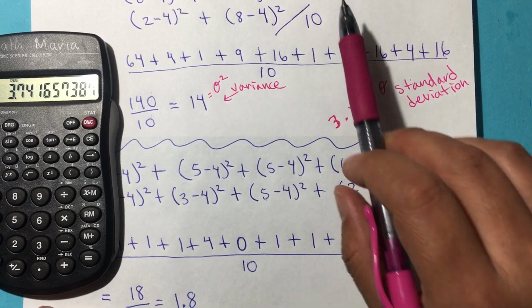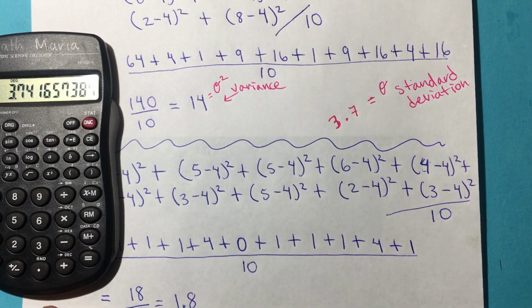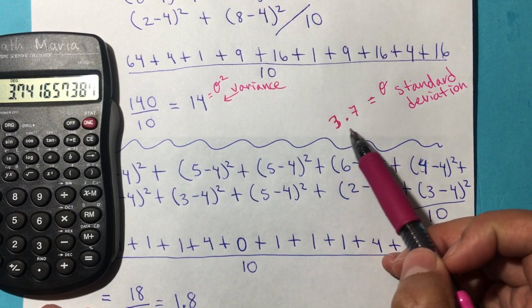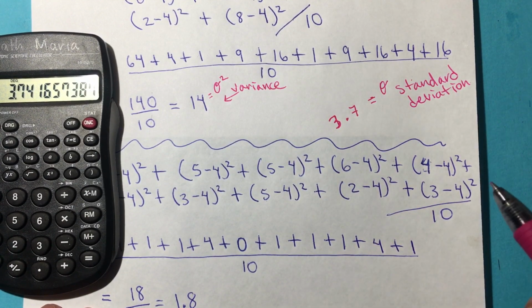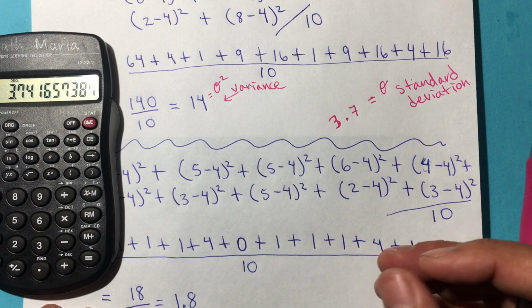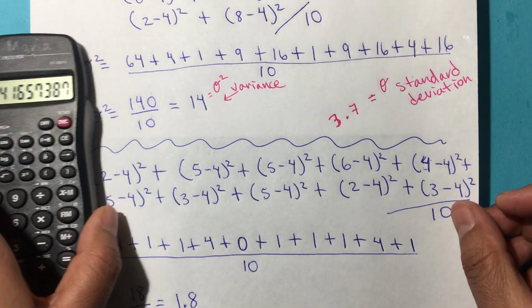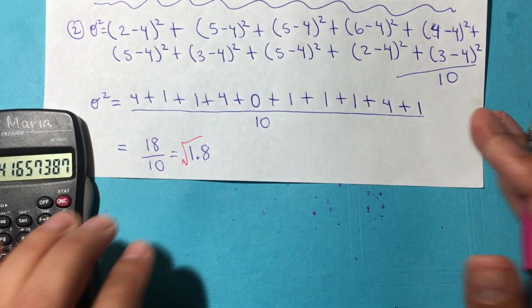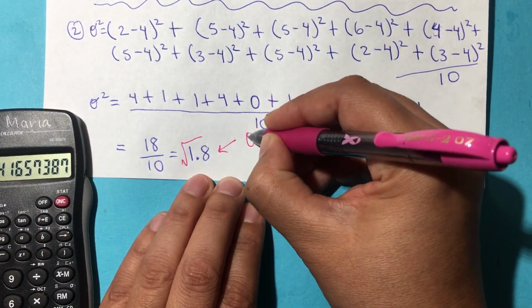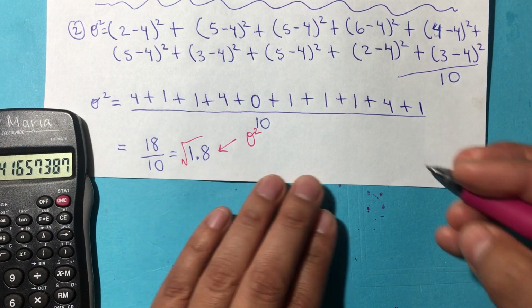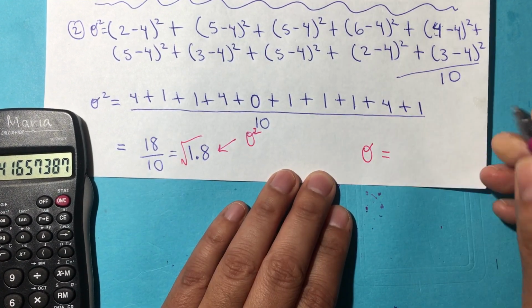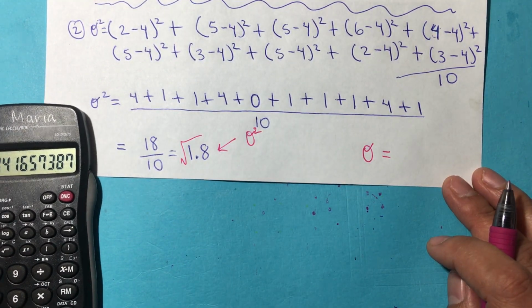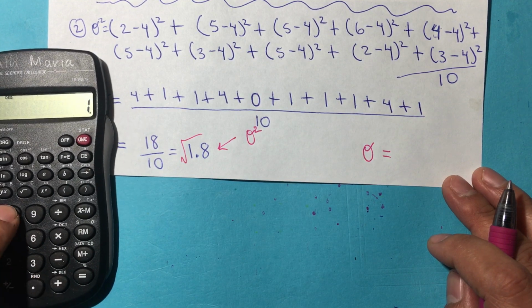So that means that on average, each number in the set is 3.7 spaces away from 4. Okay, and for this one, we also take the square root. That's sigma squared, meaning the variance. So sigma alone, or standard deviation, is again 1.8.